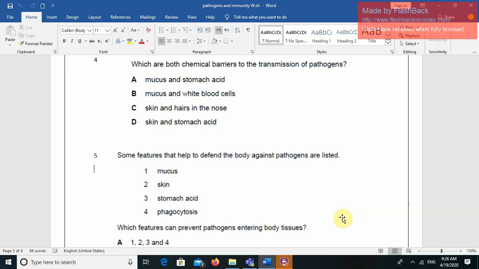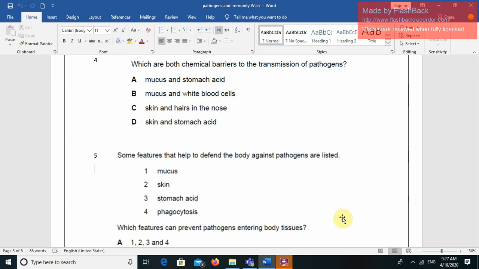When these barriers are not available, for example some people have a defect in mucus, they have lots of watery mucus that is not sticky enough to trap, and they may have some problems with the stomach acid. In this case, when the pathogen gets inside the cell, white blood cells come and it takes lots of time.